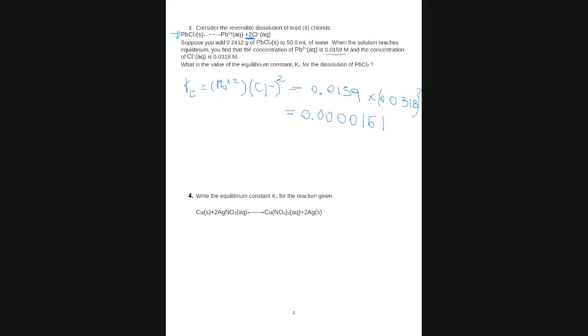Yes, awesome, perfect. So this is a little tricky because the concentration of the solids and the pure liquids are not included in the equilibrium expression. This is a little trick. Thank you. Yes, perfect, because 1, 2, 3, 4, 5. Yes, Alonso, that's perfect.